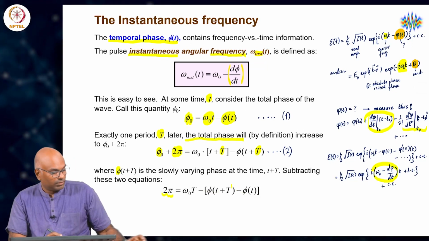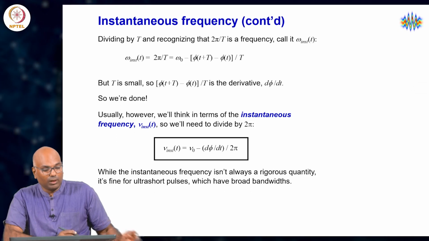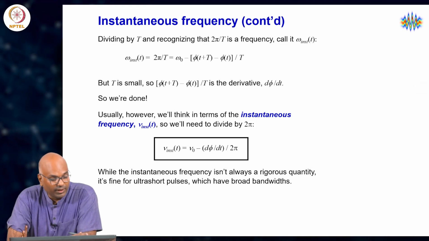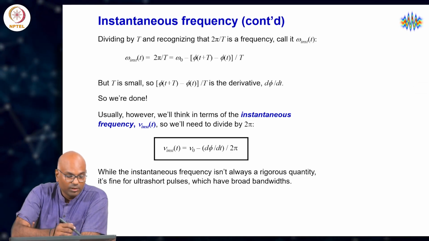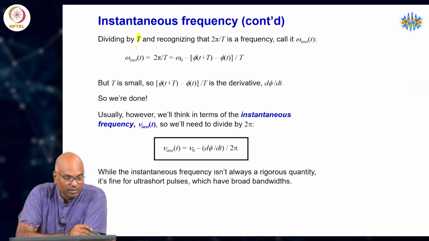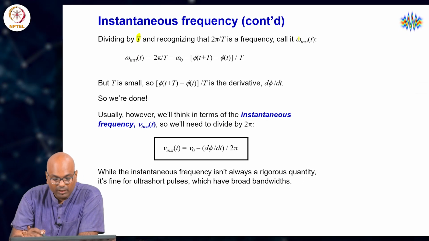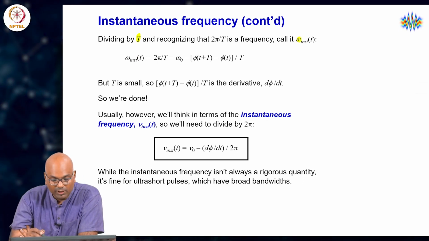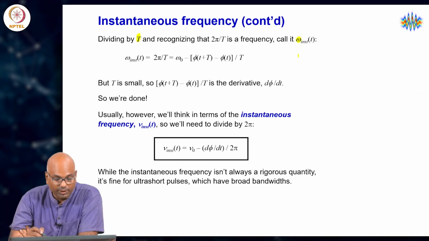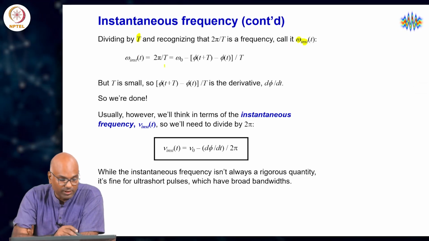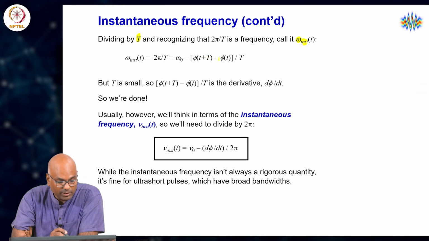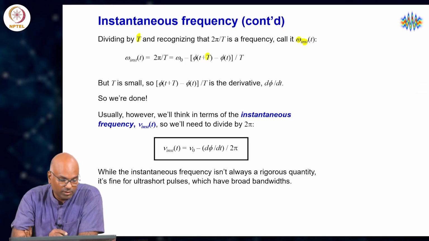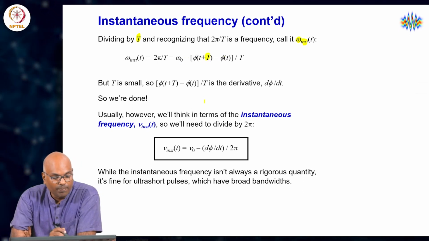Alright, are you with me? Now, if we divide the entire thing by the amount T, that is the period, we essentially get what the instantaneous frequency omega should be. Omega instantaneous is omega naught minus phi of t plus T minus phi of t, divided by T, where the second T always is the period.